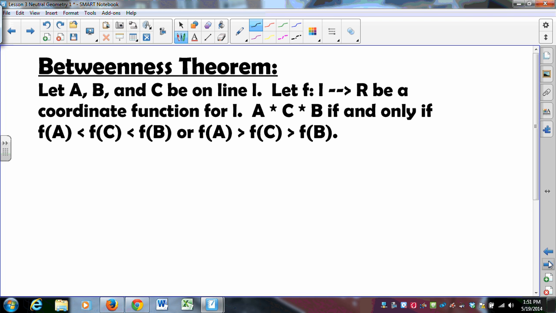It doesn't matter if it's in increasing or decreasing order. If f of C is between f of A and f of B, then we say that C is between A and B. This is one of those things that almost makes sense if you think about it.